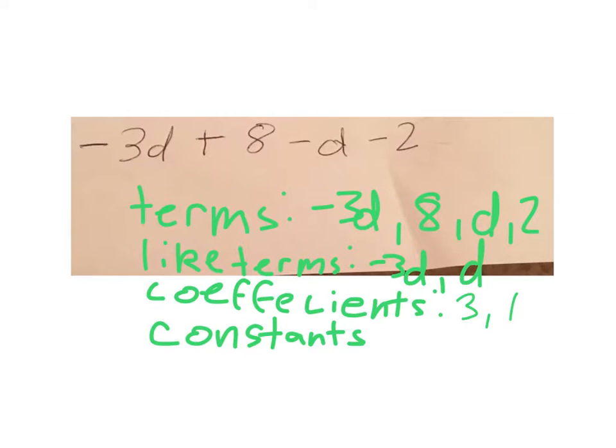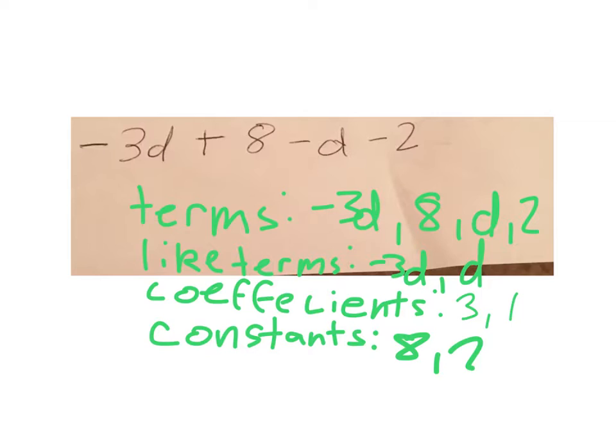How I got 1 is because d is the same as 1d, and so that is the number before the variable. So that would be the coefficient. And then the constants would be 8 and 2, because those are the numbers that do not have any variables in it. So those are the terms, like terms, coefficients, and constants of this expression.